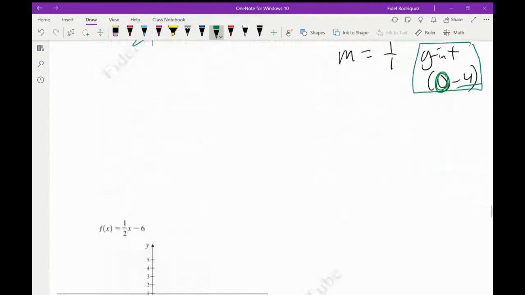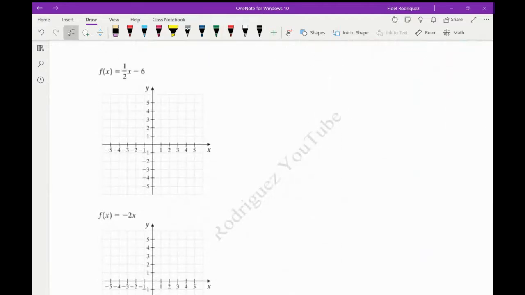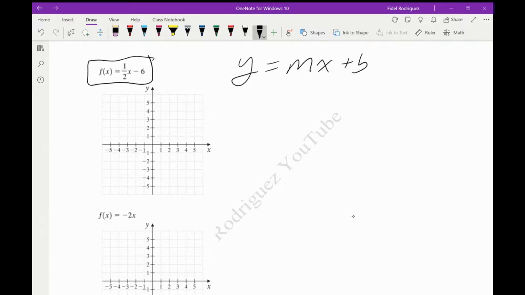So let's take a look at the next one. And I'll go ahead and do the same thing here, right? So if I do a little stare and compare to y equals mx plus b, right, then I know that here my m is 1 over 2, and my y-intercept is 0 and negative 6. So again, remember what that means I'm going to do?